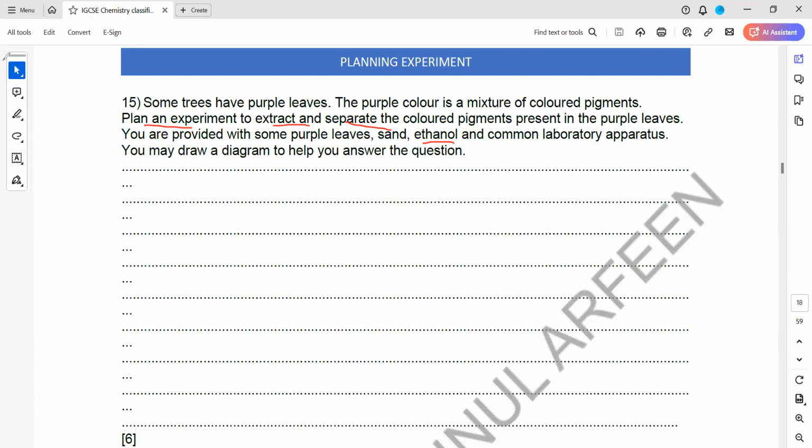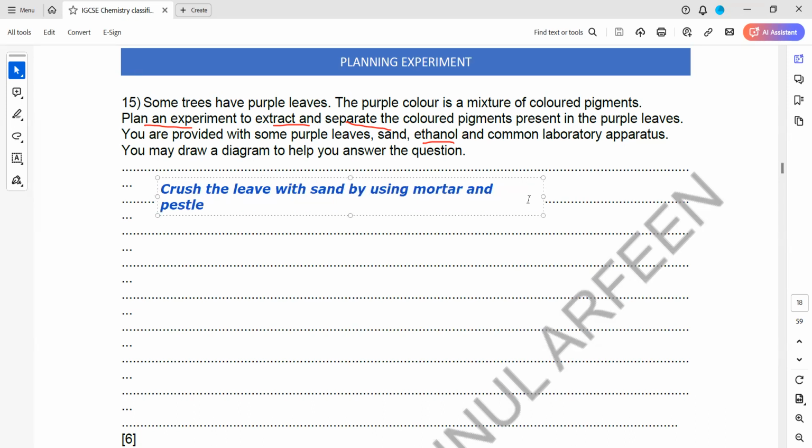So first we will crush the leaves by using a mortar and pestle.